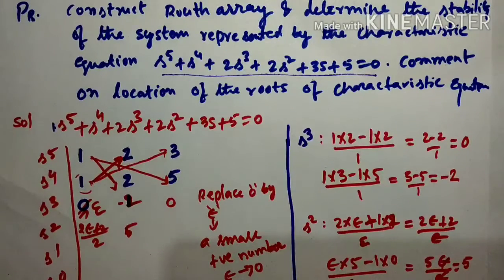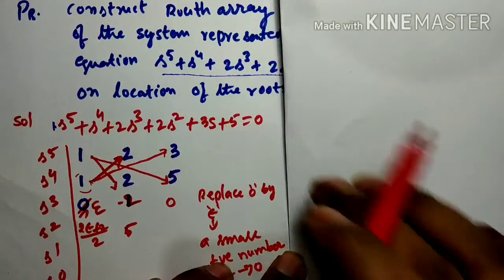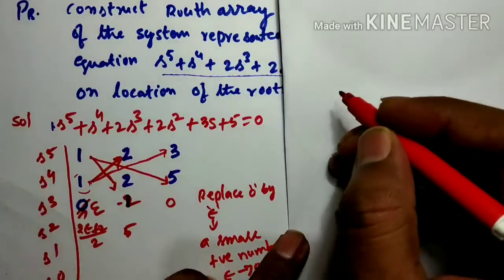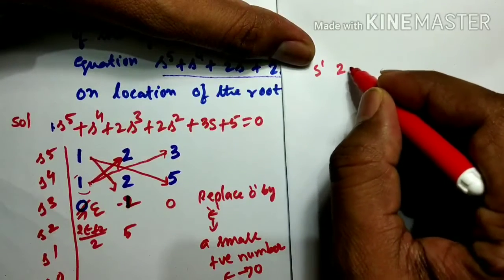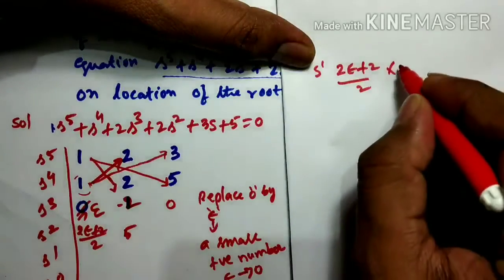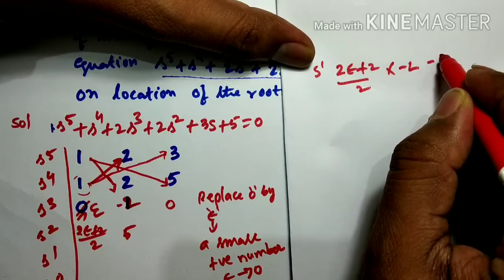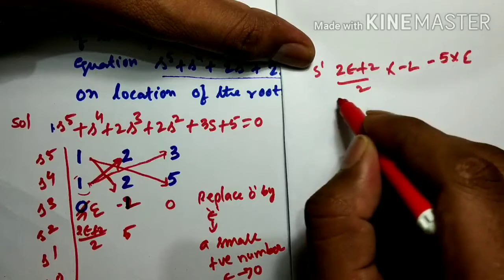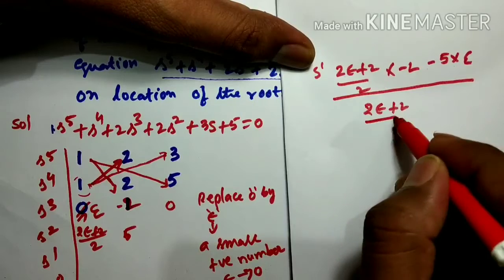You take S as minus 2 epsilon, the S1 coefficient, 2 epsilon plus 2 by 2 into minus 2, minus 5 into epsilon, divided by 2 epsilon plus 2 by 2.